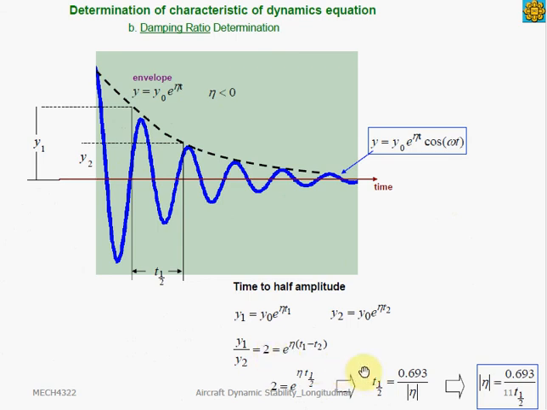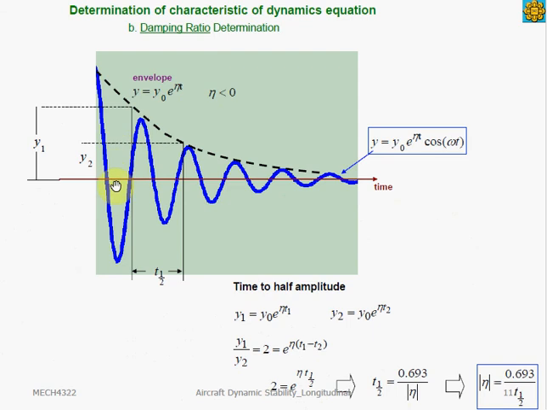From this equation down here, we can see that the parameter eta, which is the damping ratio times the natural frequency, can be obtained from this graph. It can be obtained from the time to get to half amplitude of the response.